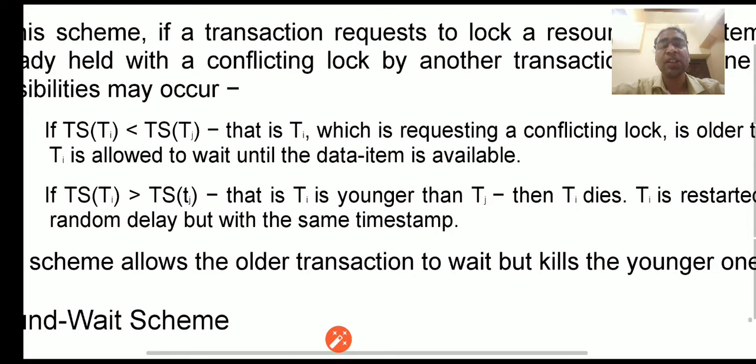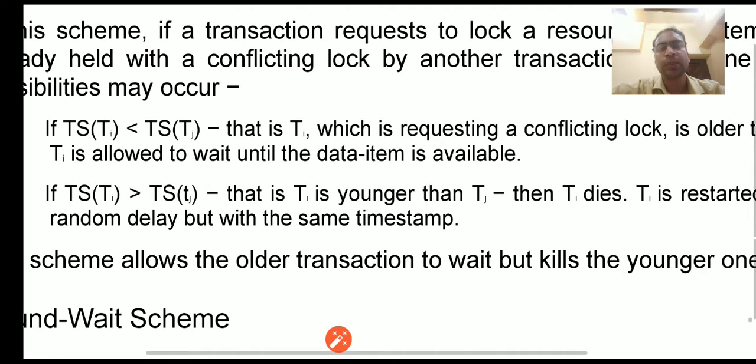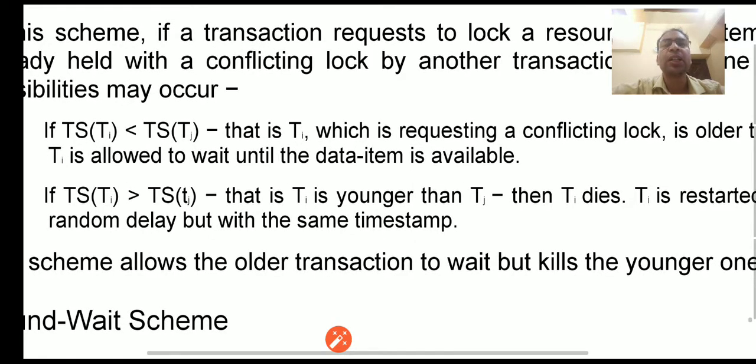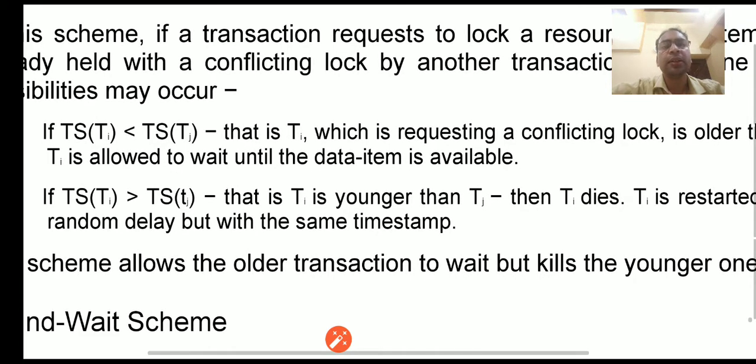So age is given preference here. If the transaction is older, having been in execution for a longer time, it is allowed to wait till the data item is free. If it is younger, it is restarted after a while, and then it is allowed to compete or fight for that data set.